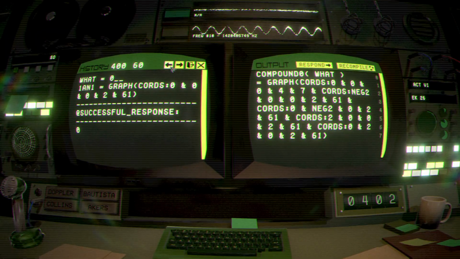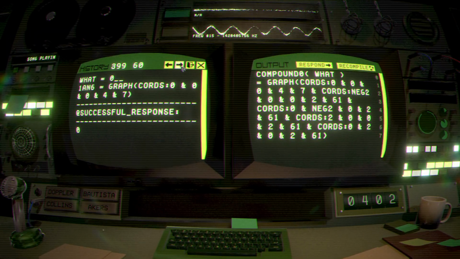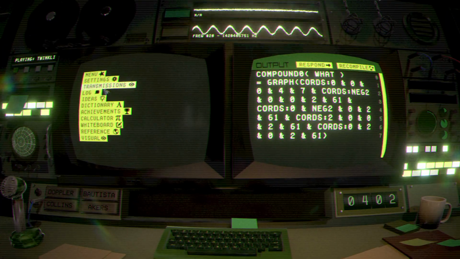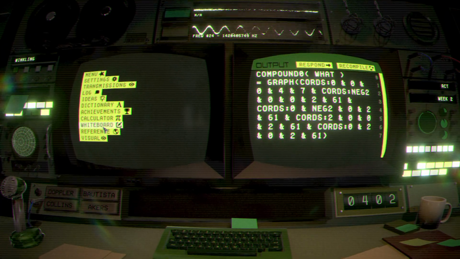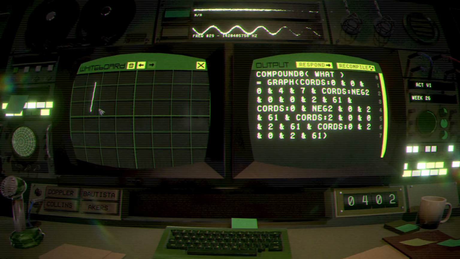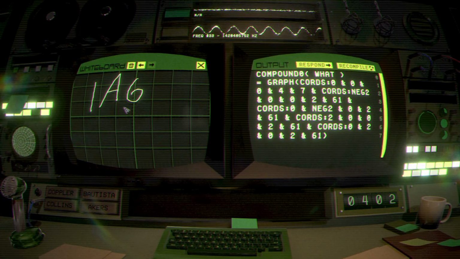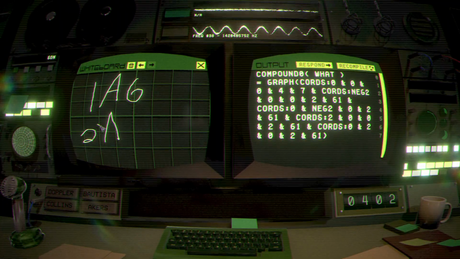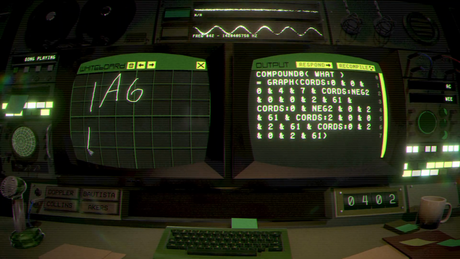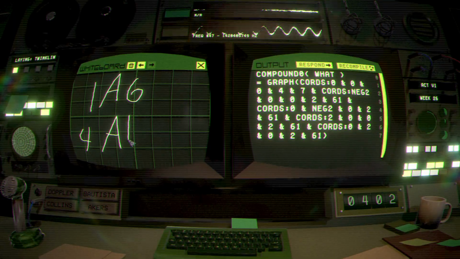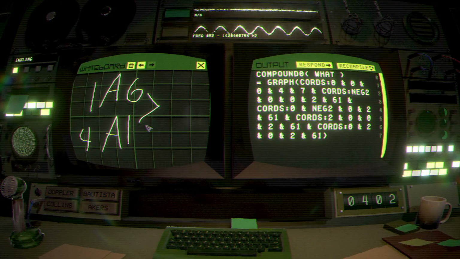Okay, this is 1 and 6 and 4 and 1s. Stop writing 2. Why am I saying 2? It's 4 and 1s. What are these combined into?